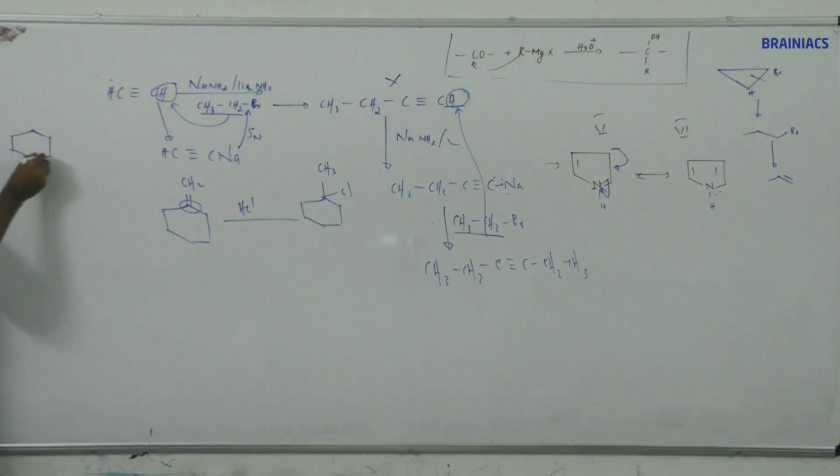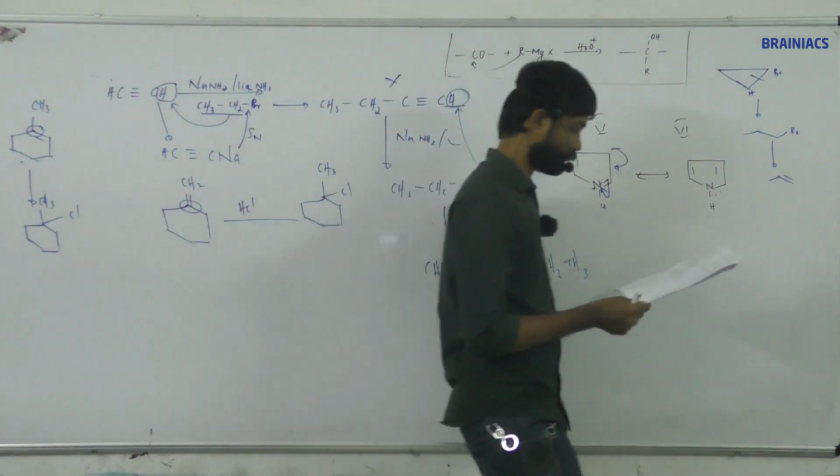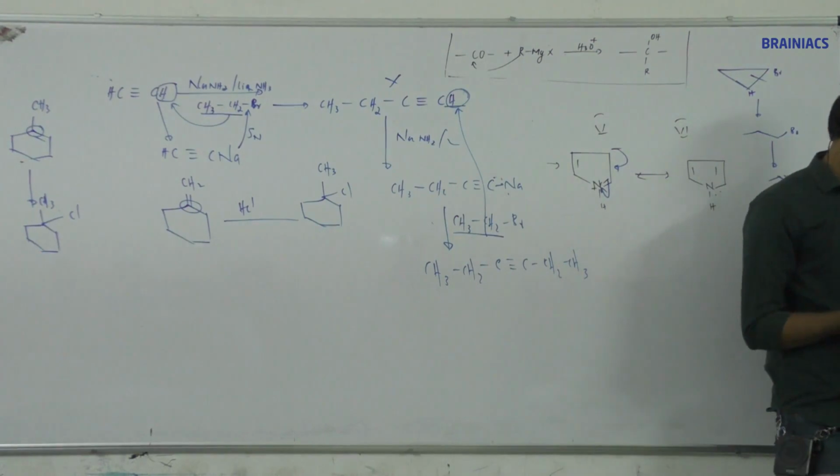That can also form the same, right? This is the Markovnikov position. Agreed? So if hydrogenated, here will be a chloro. Okay? So both are same, your choices, both A and B, choice C. Okay, next.